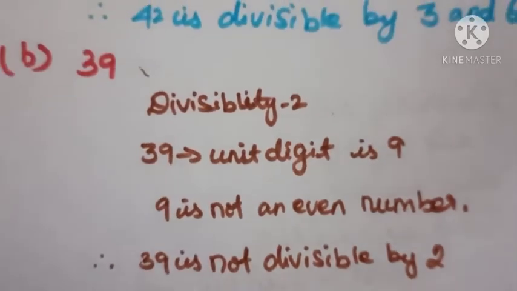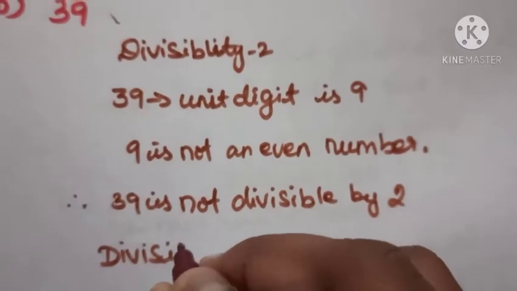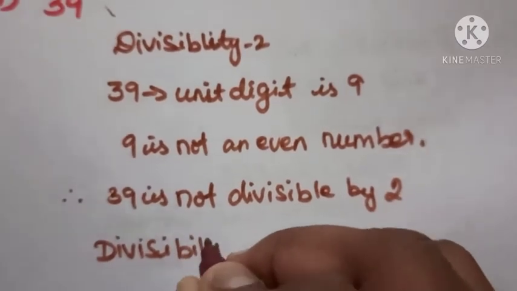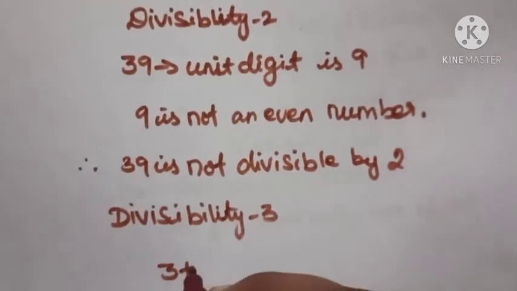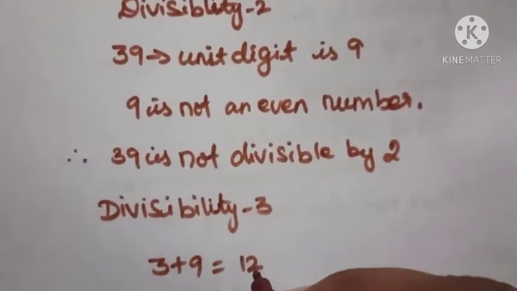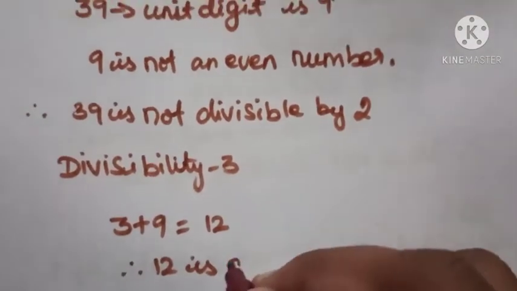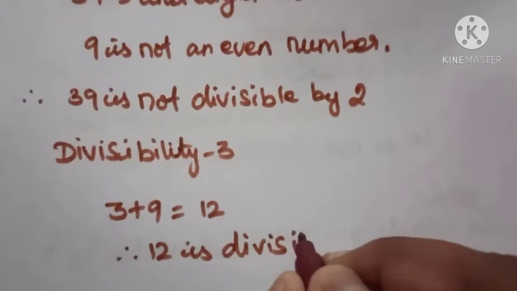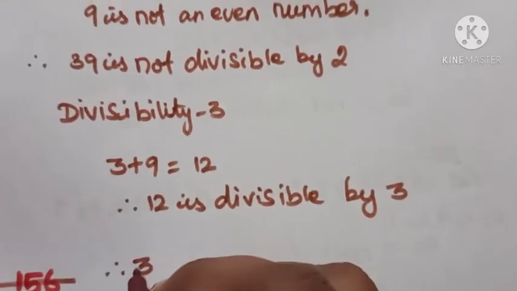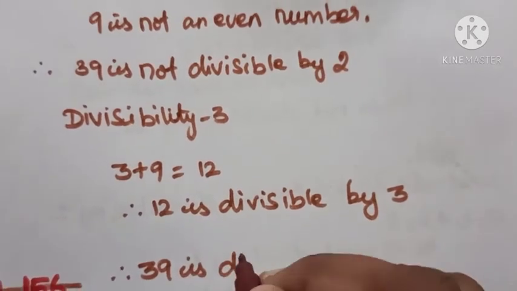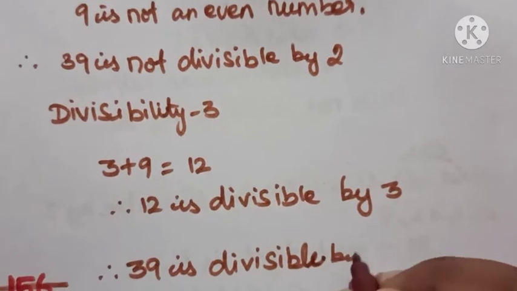And next we go with divisibility 3. Sum of the digits, that is 3 plus 9 is equal to 12. Therefore 12 is divisible by 3, so 39 is divisible by 3.